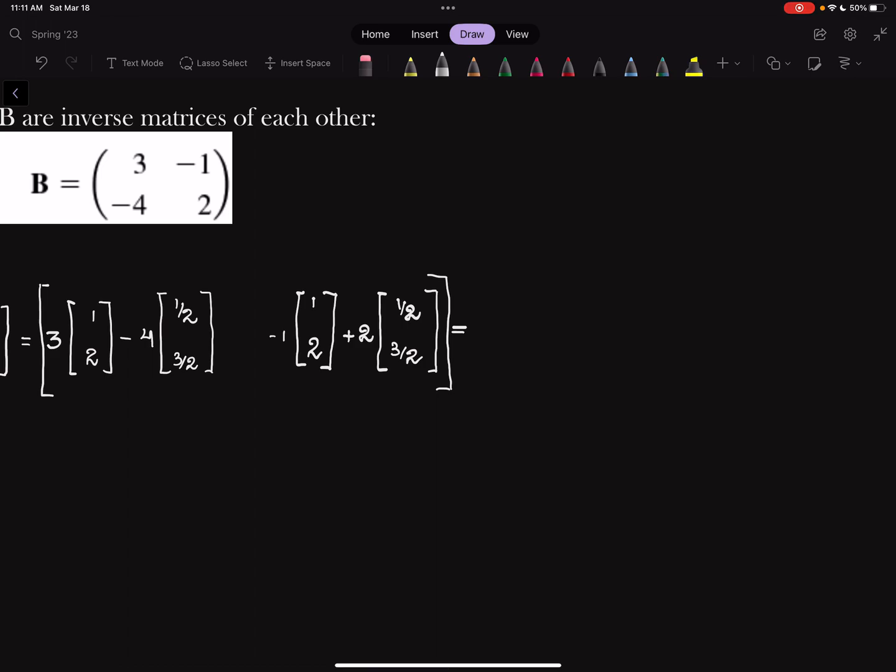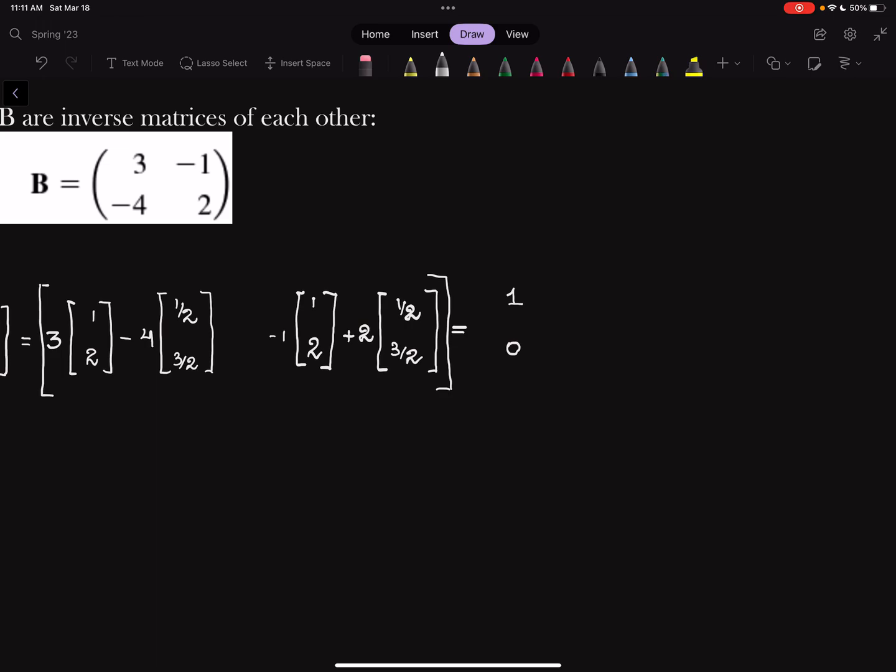So that's going to be 3 minus 2, which is just going to be 1. And then it's going to be 3 times 2, which is 6, minus 4 times 3/2, which is equal to 6. So 6 minus 6, that's going to give us a 0.